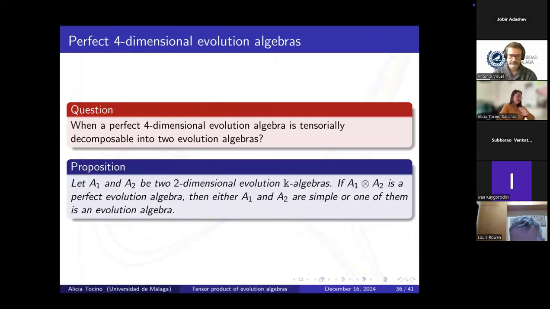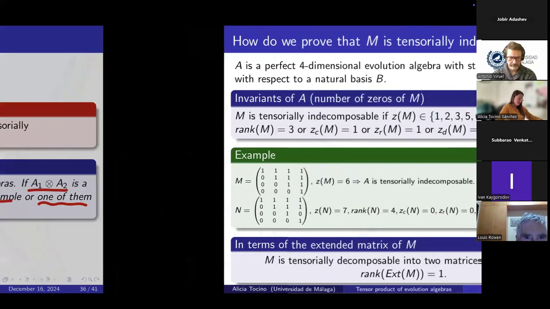When a perfect four-dimensional evolution algebra is tensorially decomposable into two evolution algebras, we have a first property: if A1 and A2 are two evolution algebras of dimension 2, and the tensor product is a perfect evolution algebra, then either A1 and A2 are simple, or one of them is an evolution algebra. And we use this in the proofs of the main results of this section.